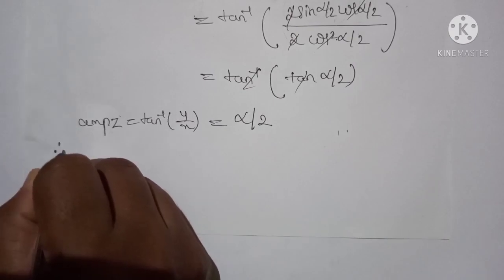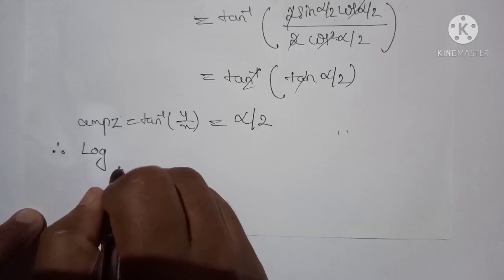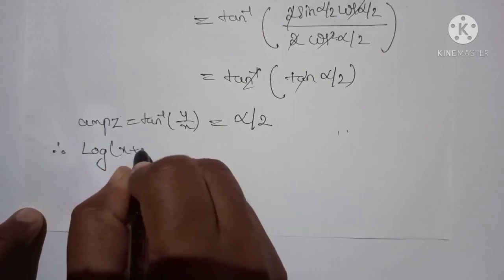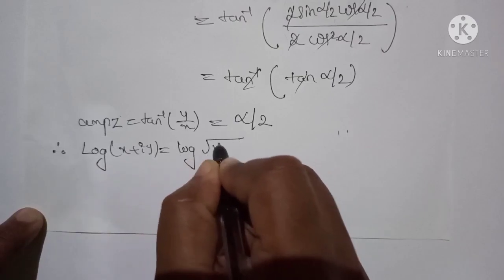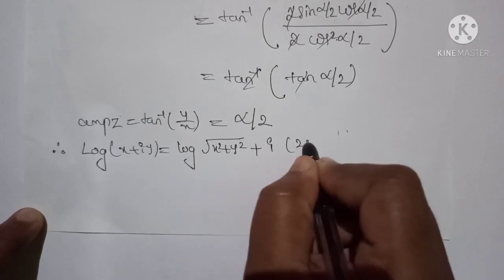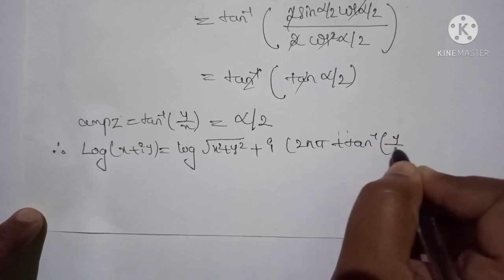Therefore the general value is given by log of x plus iy equals log of square root of x square plus y square plus I into 2n pi plus tan inverse of y by x.